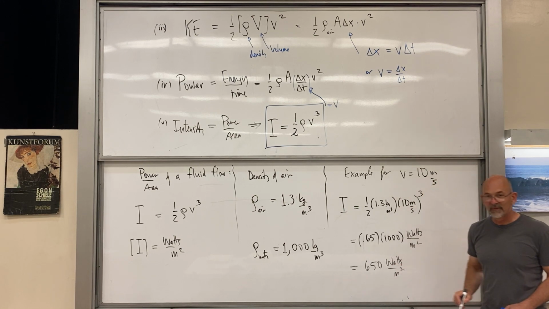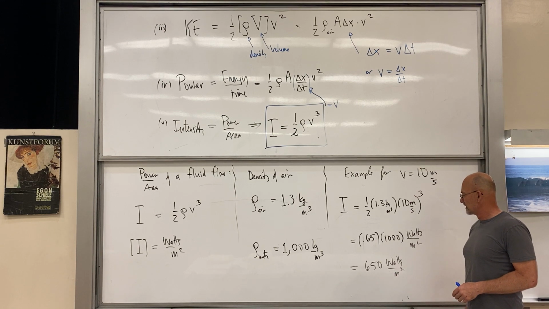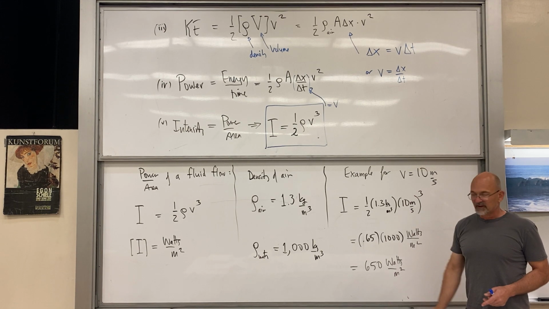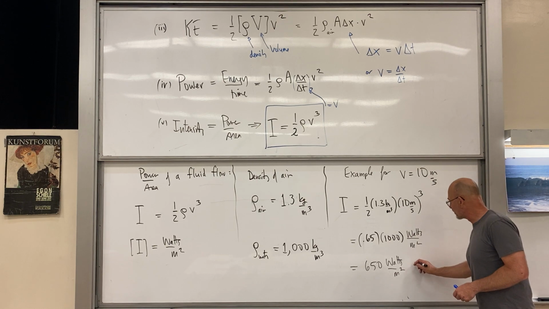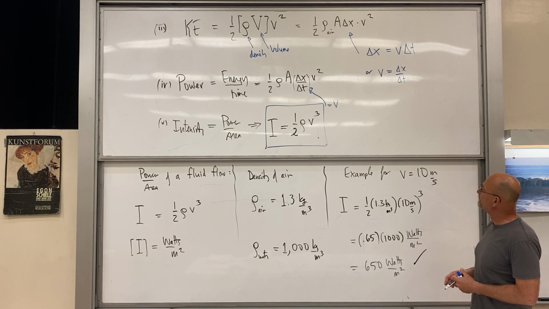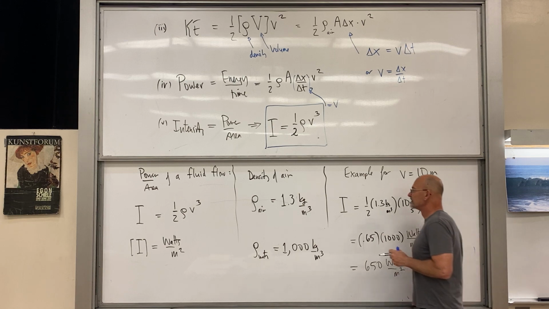So that seems like quite a bit of energy, quite a bit of power per square meter, 650 watts. So yeah, it's an important one. Good. So we have that.